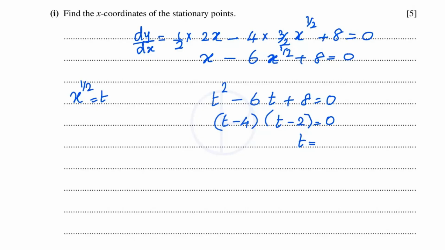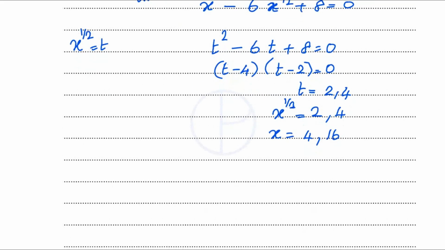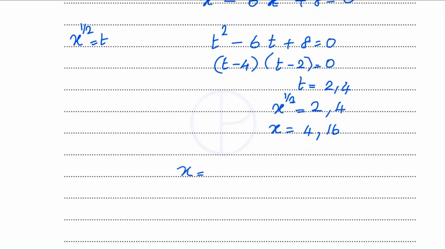So t is equal to 2, 4. So x power 1 over 2 is equal to 2 and 4. So if x power 1 over 2 is 2, to find the x value, square both sides. So we get x values as 4 and 16. So the x coordinates of the stationary points are 4 and 16.